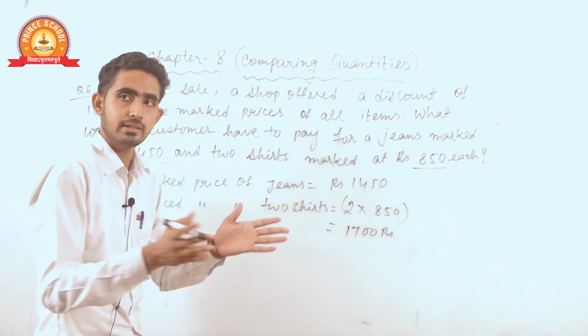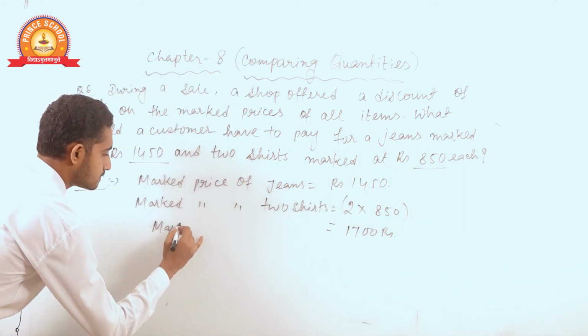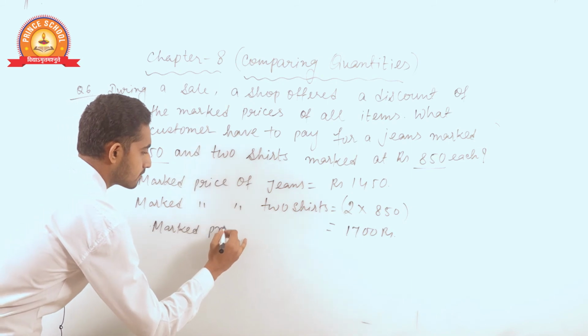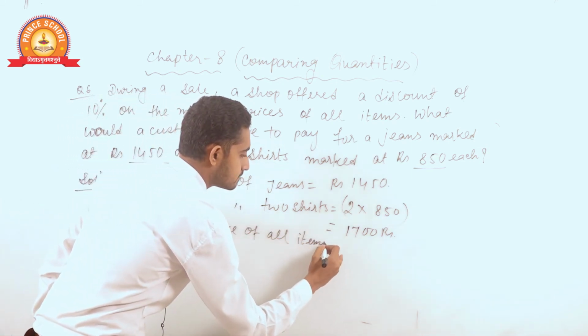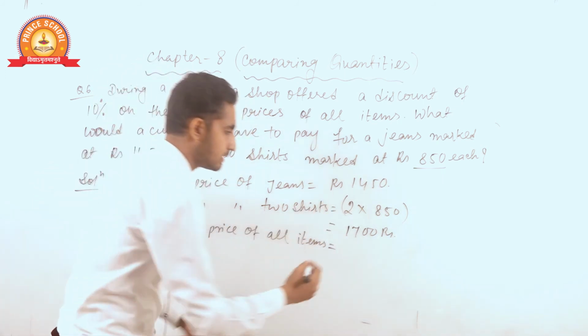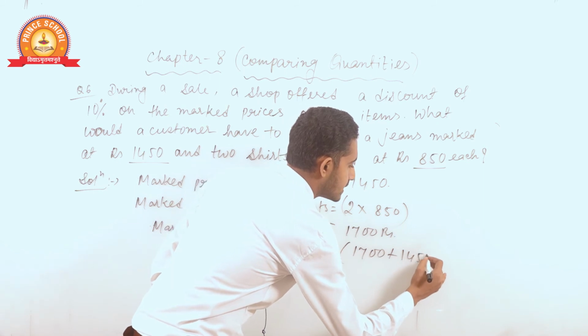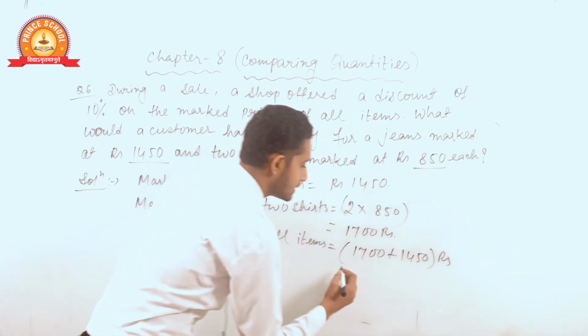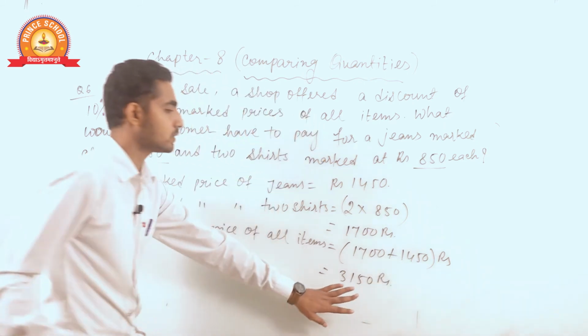Now totally how many rupees? So mark price of all items that he purchased is equal to 1700 plus 1450 rupees. That means 3150. That is the total mark price.